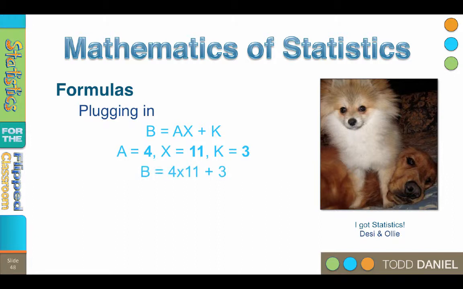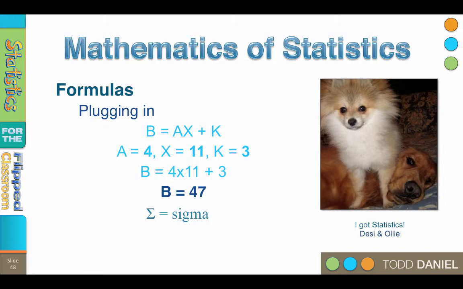You would get B equals 4 times 11 plus 3. You would work from left to right, doing multiplication and division first, then addition and subtraction. 4 times 11 is 44, plus 3 is 47. So B equals 47.